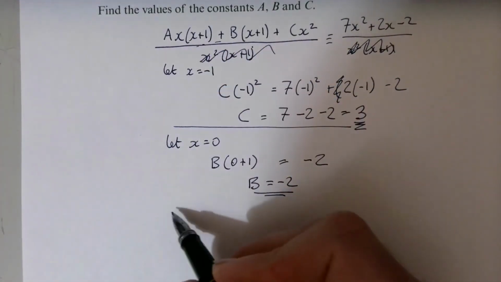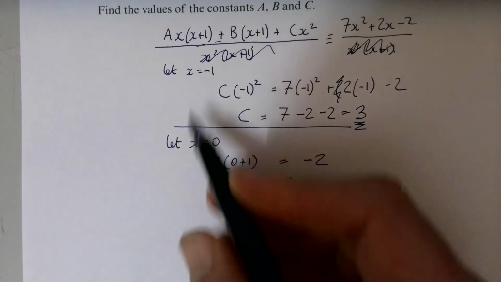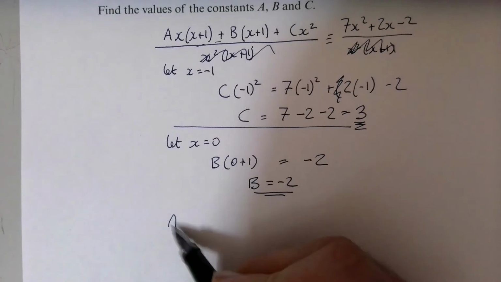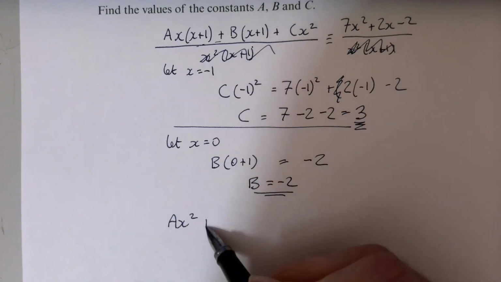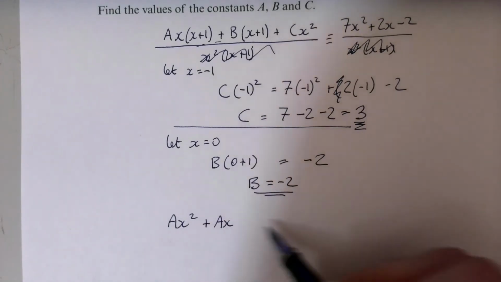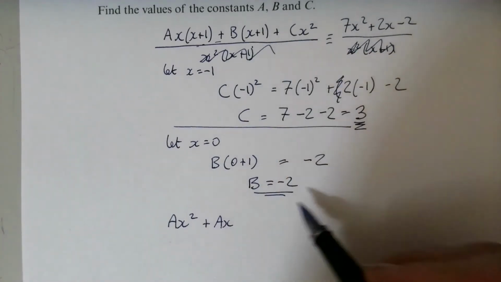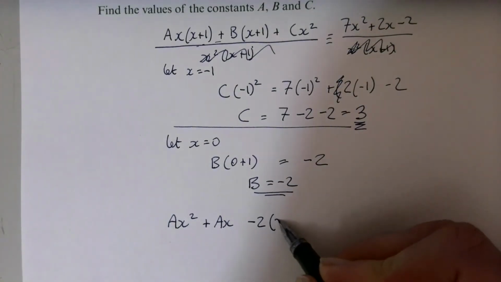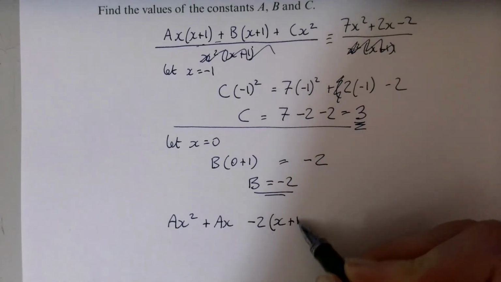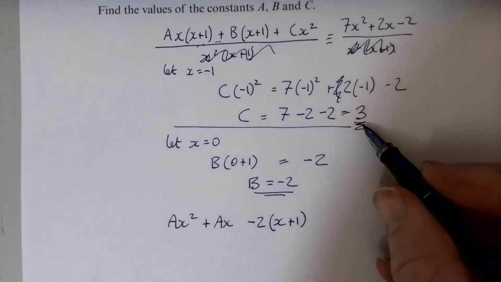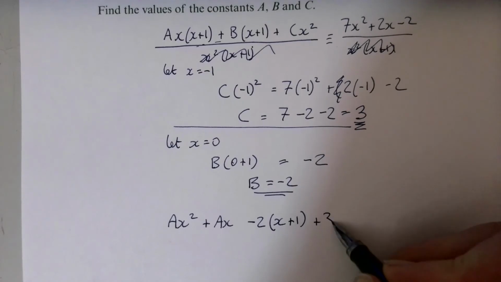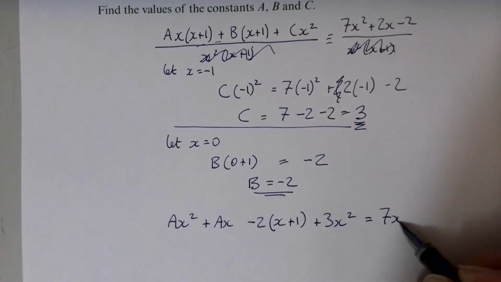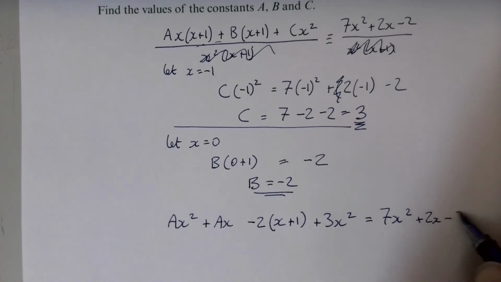So if I multiply out that bracket, that's going to give me ax squared plus ax. If b is equal to negative 2, I'm just going to put that in there now like that, and c is equal to 3, then we get all of this going on.